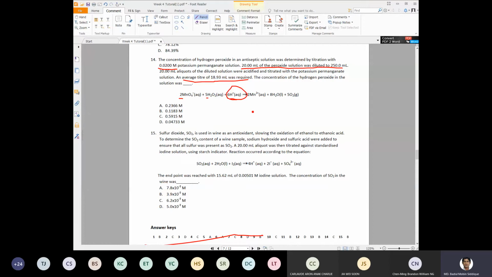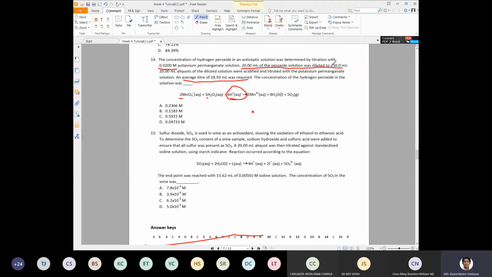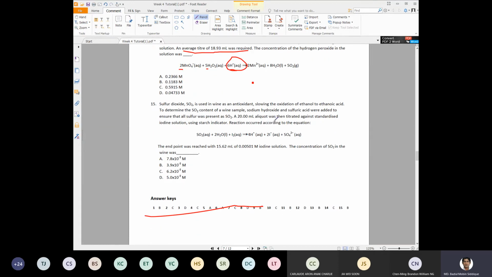From there we can find how many moles of hydrogen peroxide were there, and we can find the concentration in that solution, in this 250 or 20 milliliter.